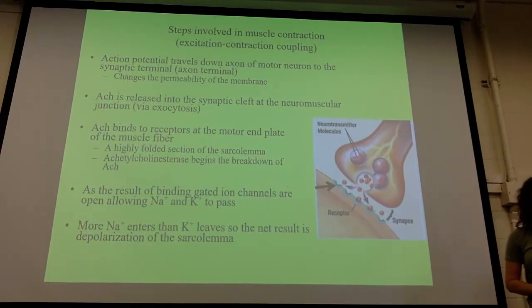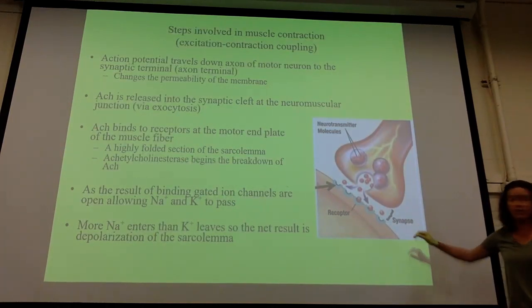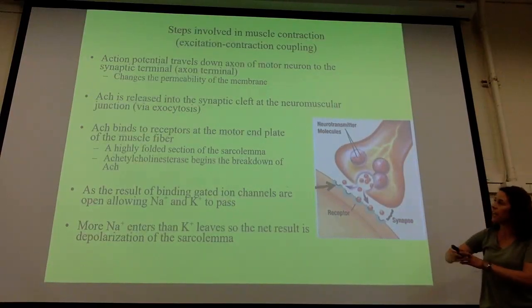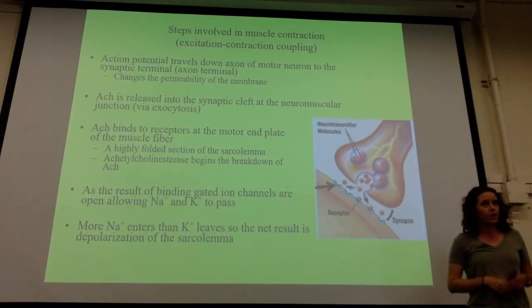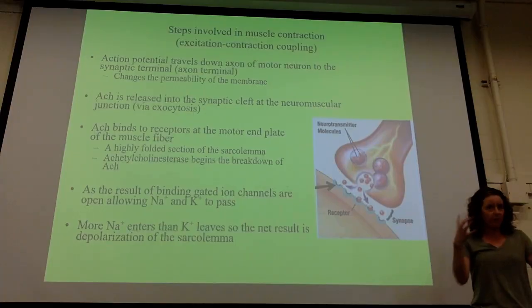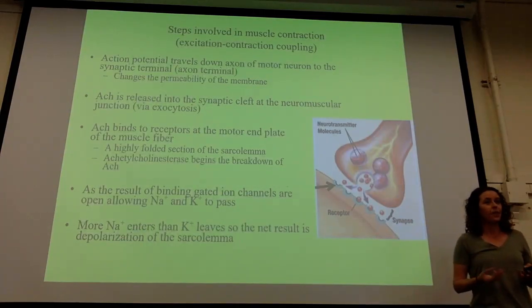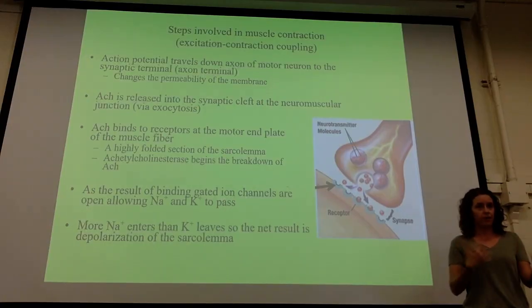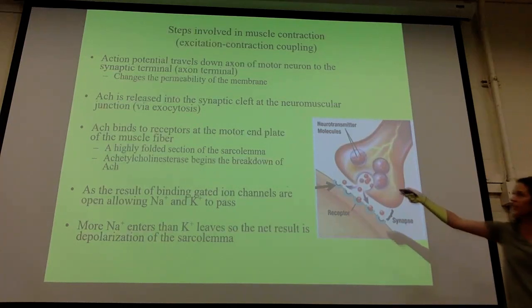So when the action potential reaches the synaptic terminal, it is going to change the permeability of the membrane. The membranes wrap around the cell. Changing the permeability means we are now going to let some more things in and out of the cell. Okay, now we'll look at step 2.